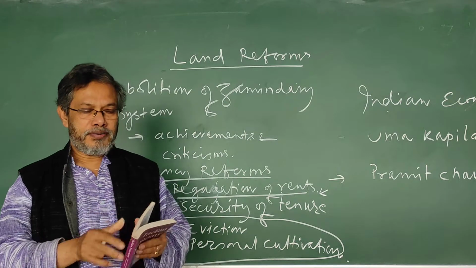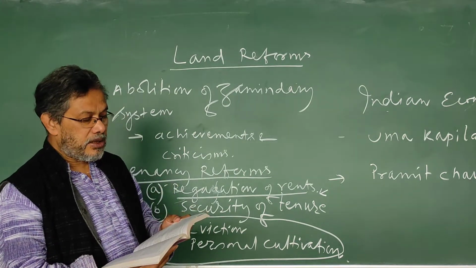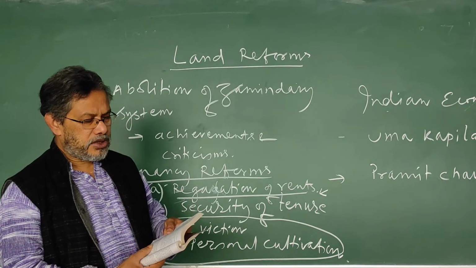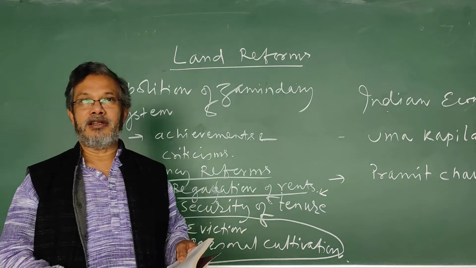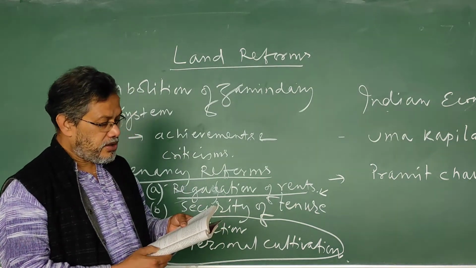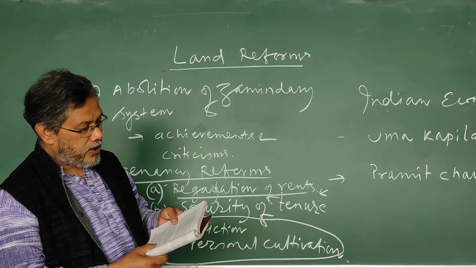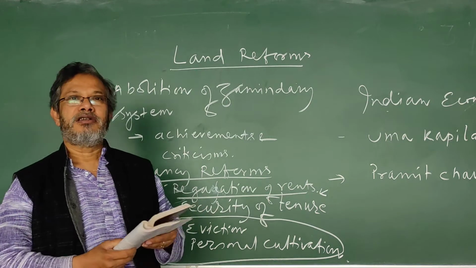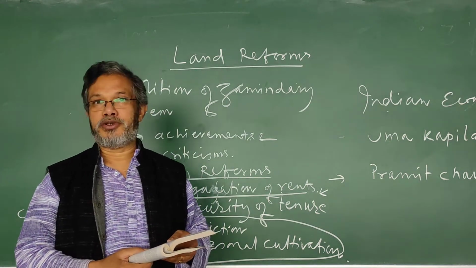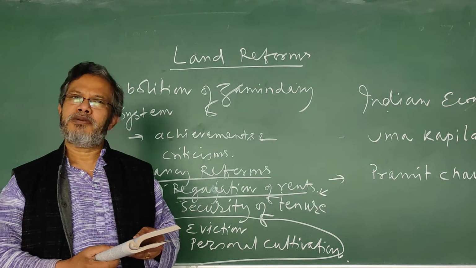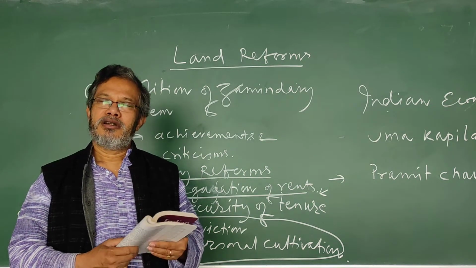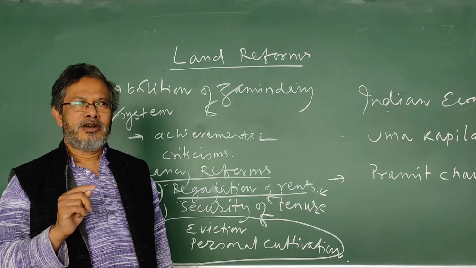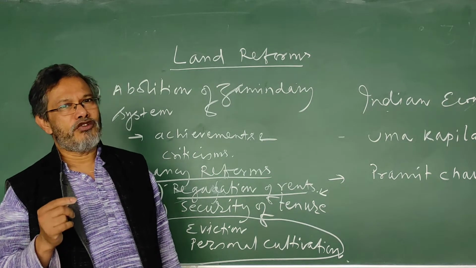In other states, especially Andhra Pradesh, the fair rate was 30%, and 25% for dry land. In Odisha and Bengal, it was 25% or 1/4 of the produce. That means rent was fixed on average at 1/3 or 1/4.